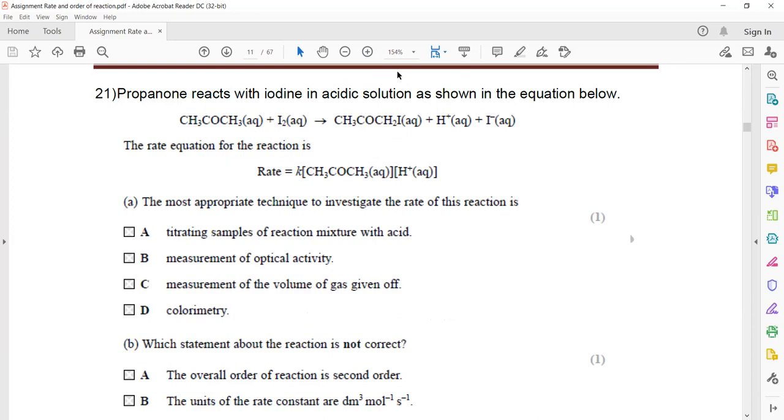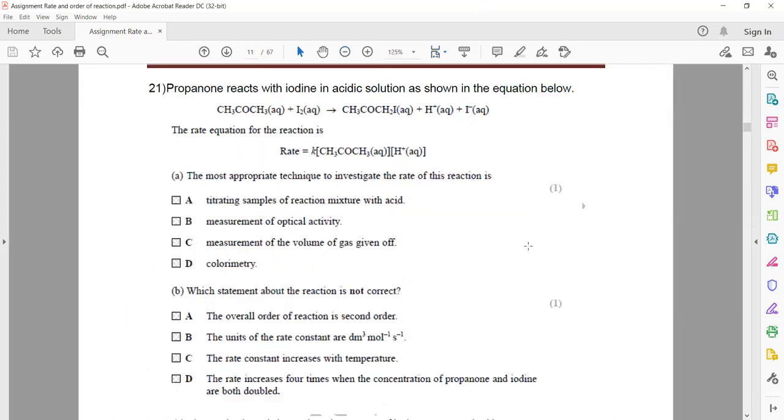D. So for 21, the colorimeter. Then, which statement is not correct?